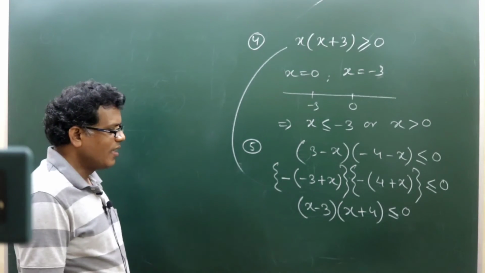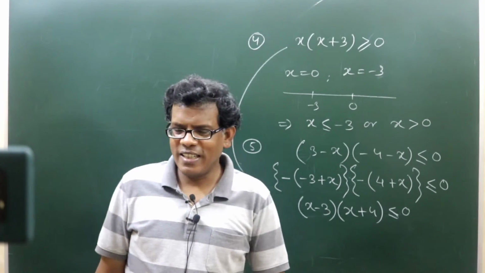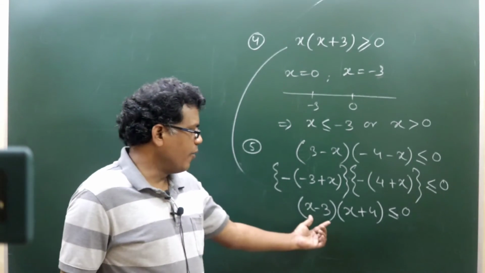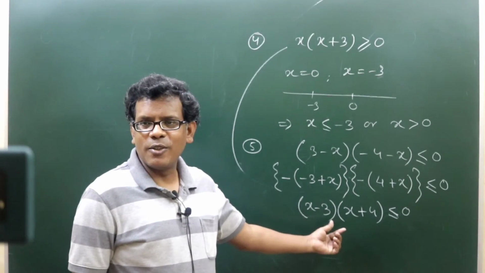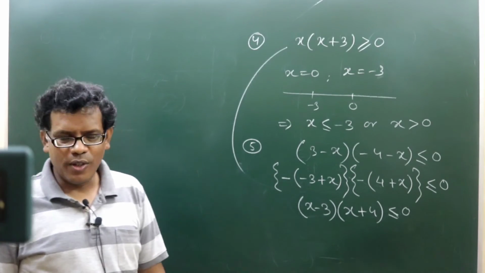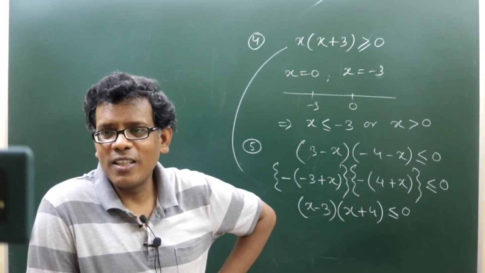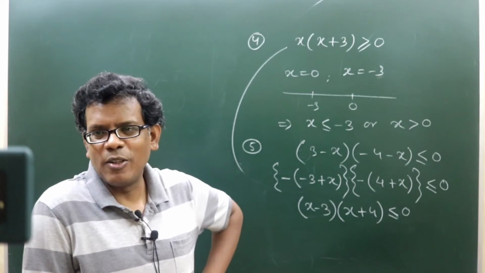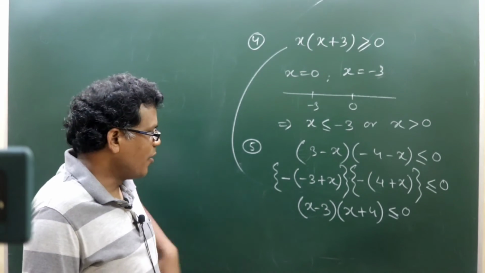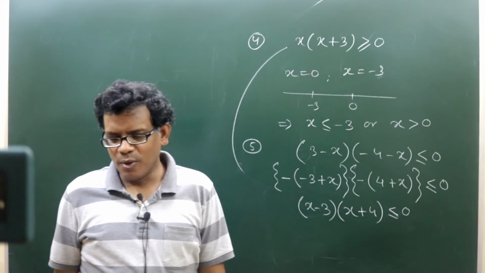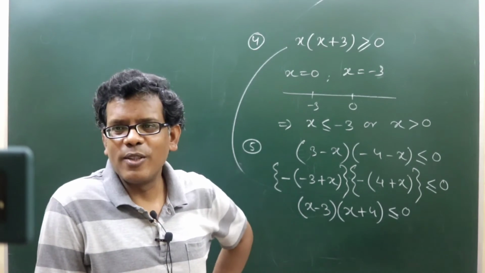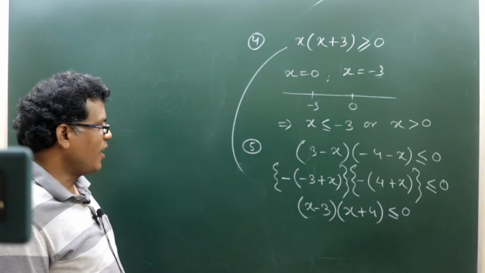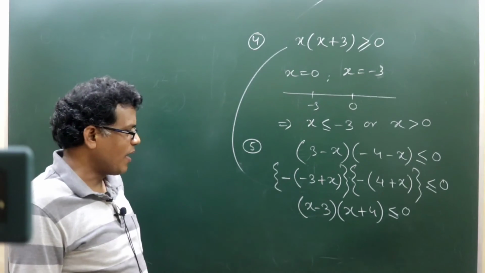Is that okay? So the zero factors are clearly available now. In one case x minus 3 is 0, in another case x plus 4 is 0. So what are the root values? When x minus 3 equals 0, x equals plus 3, and when we make x plus 4 equal to 0, x equals minus 4, isn't it? So the root values are minus 4 and plus 3.